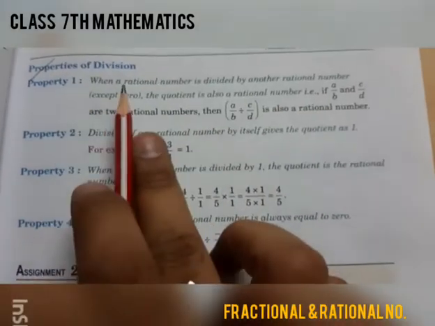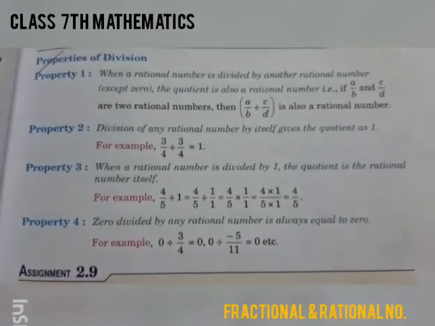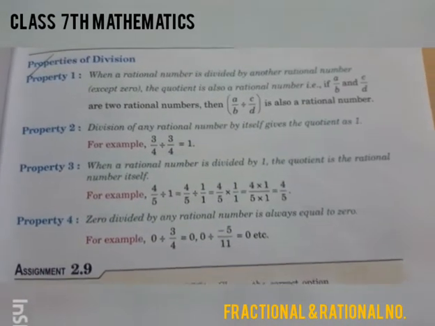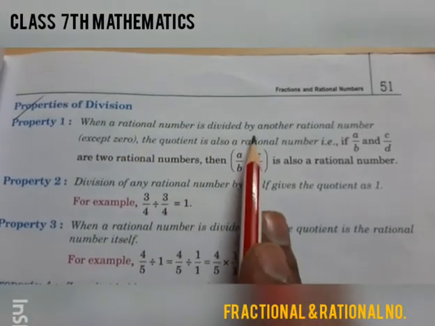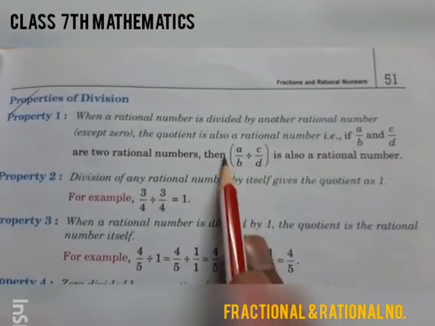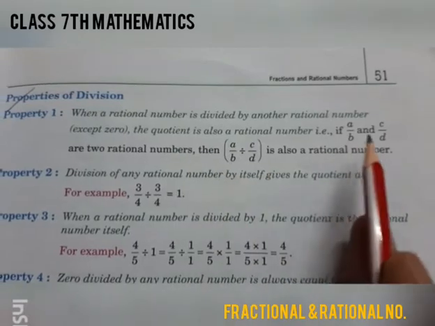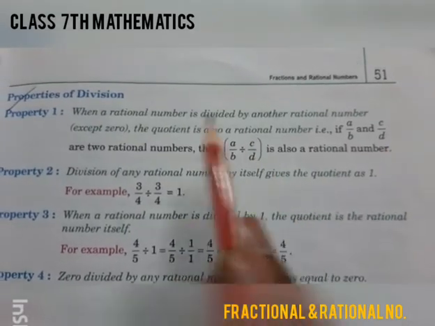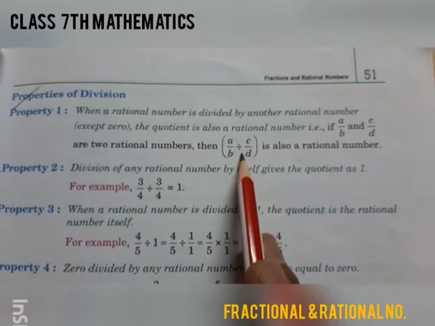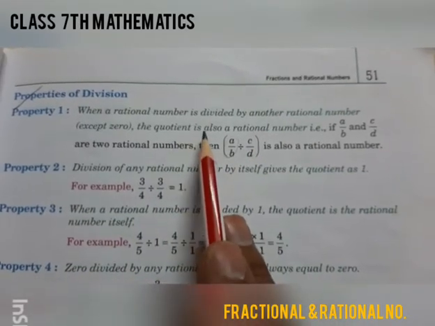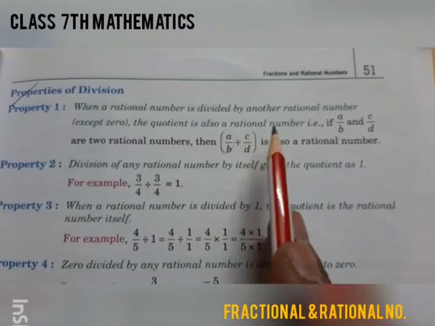Now come the properties of division. There are 4 properties. Let's see all of them one by one. It says that when a rational number A upon B, the first rational number, is divided by another rational number C upon D, the second rational number, the quotient is also a rational number.